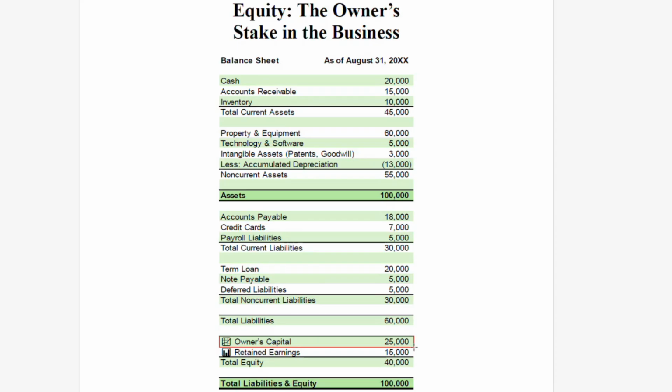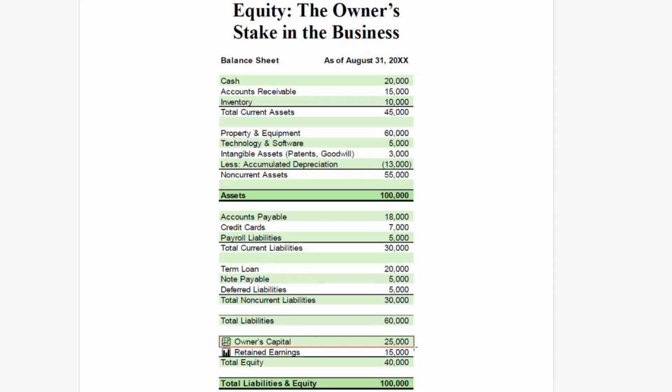A lot of times, business owners, it doesn't have to be small business owners, will put funds in, and when the business is doing well enough to pay them back, they get a return of capital, and that owner's capital account may go to zero. And then eventually you're getting basically distributions out of the retained earnings account, which is the other 2 ways that the equity balances go up and down.